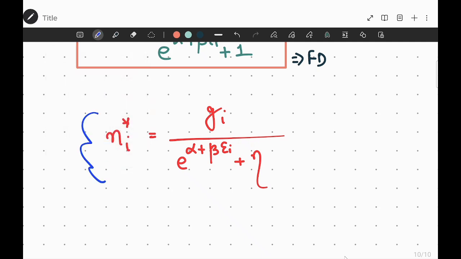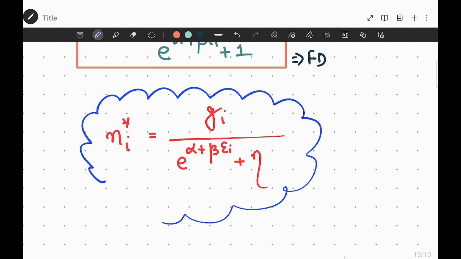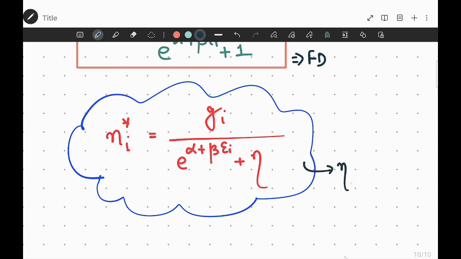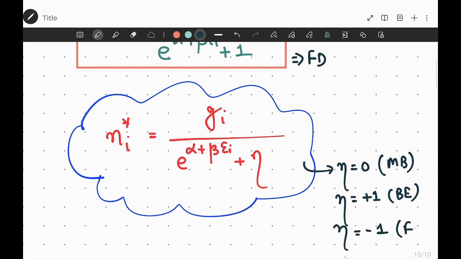This is the general expression, where eta is 0 for Maxwell-Boltzmann, eta is +1 for Bose-Einstein, and eta is -1 for Fermi-Dirac. So this is consistent for any equation you will see.